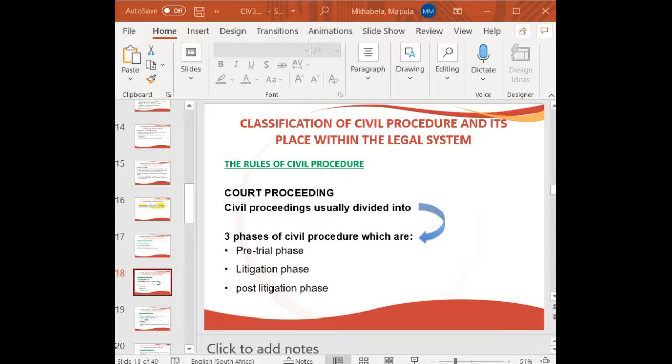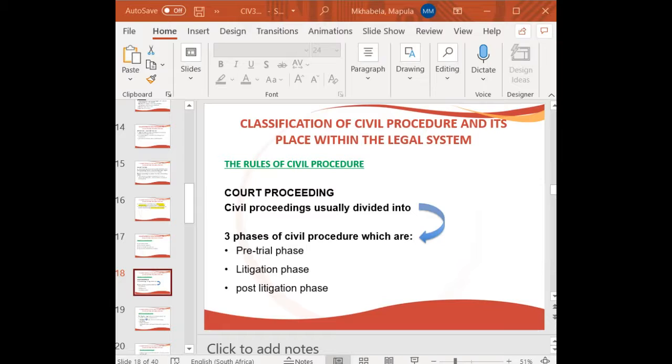The district court has jurisdiction over minor criminal matters and civil matters up to the value of 200,000. The regional court has jurisdiction over family matters like divorce, maintenance, custody matters, and civil matters between the amounts of 200,000 to 400,000.